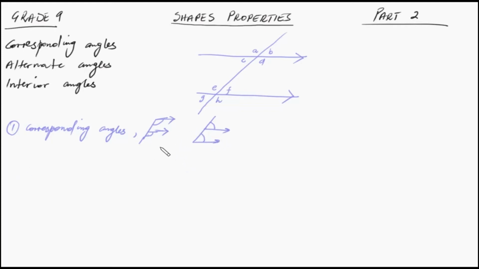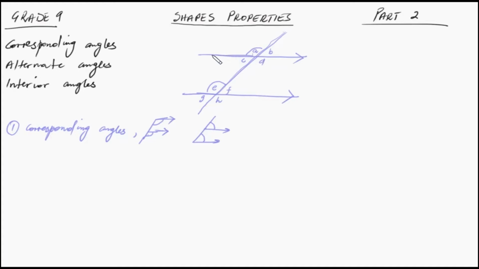Now, let's look at this diagram. Which angles are corresponding here? I'm seeing angle A and this one, because this is an F here.